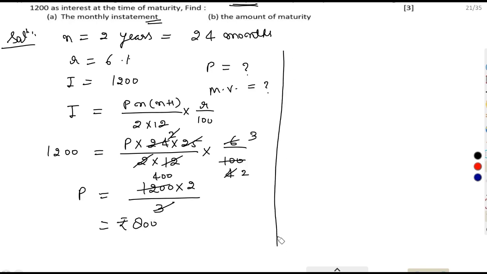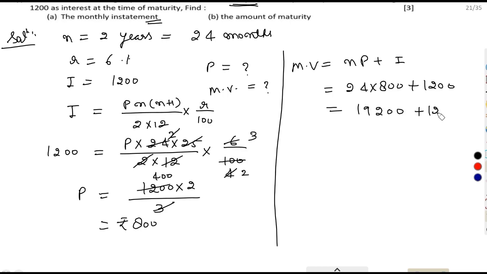Now find maturity value, that is maturity value will be equal to NP plus interest. N is 24, P is 800 and interest is 1200. So maturity value is $20,400.